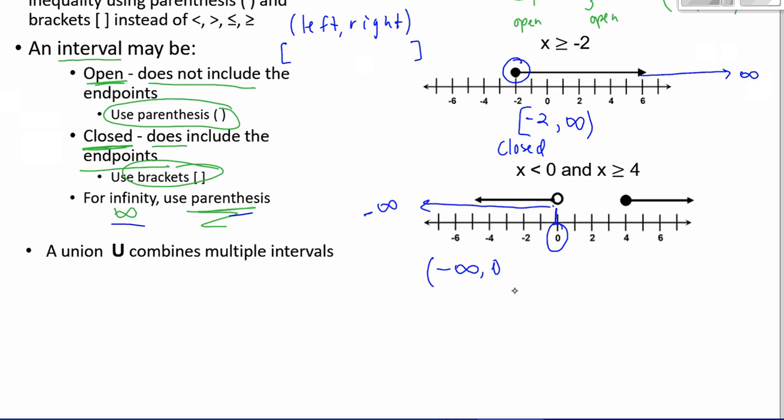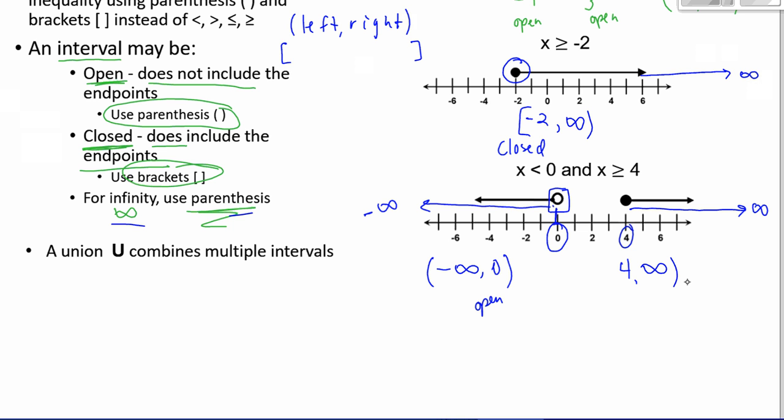Infinities are always parentheses. And when you look at 0, you see that it's open, which means we're going to put in a parenthesis. And on the same graph, this other one over here starts at 4, comma, and then you say, how far right does it go? It goes to positive infinity, because to the right are the positive x values.